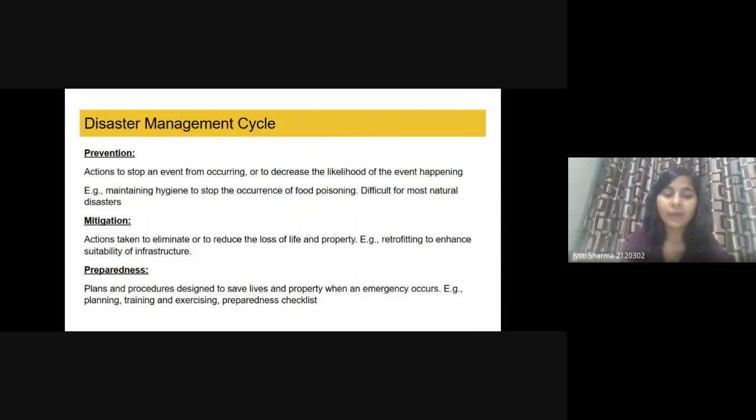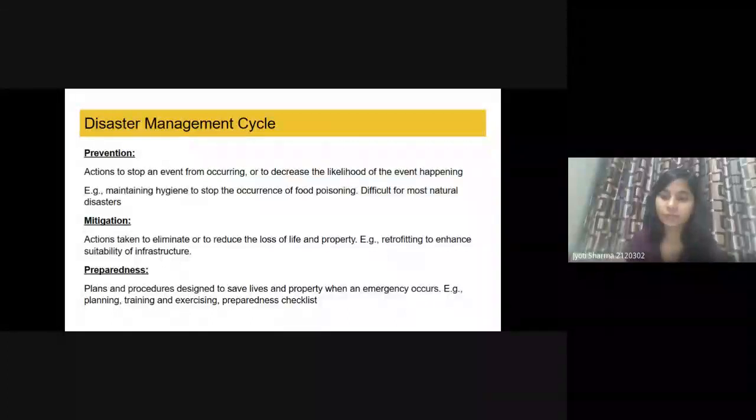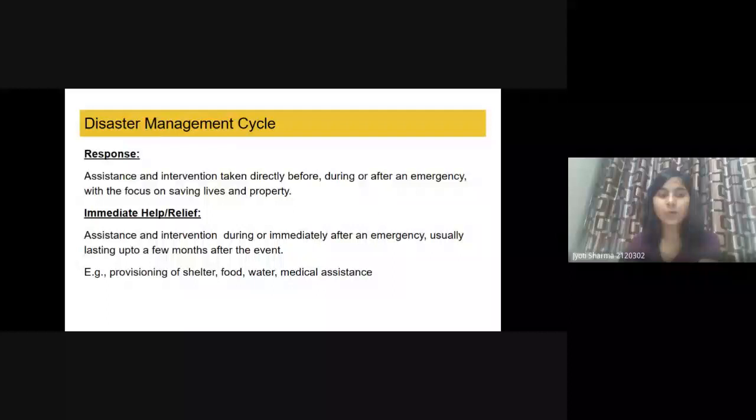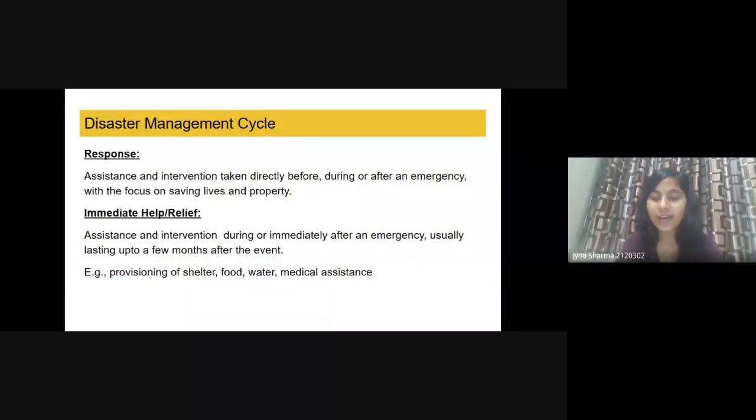Then we have mitigation, which means the action to eliminate or reduce the loss of life and property. And preparedness: these are the plans or procedures you design to save life or property when any type of emergency occurs. So this is preparedness. Then the response is whatever action you take before, during, or after the emergency, focused on saving life and property.